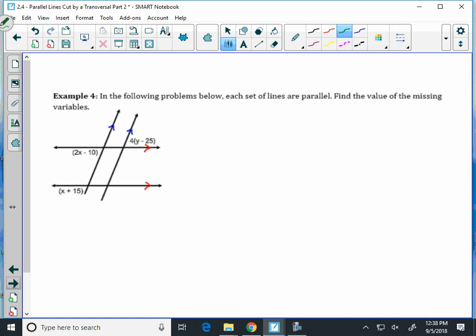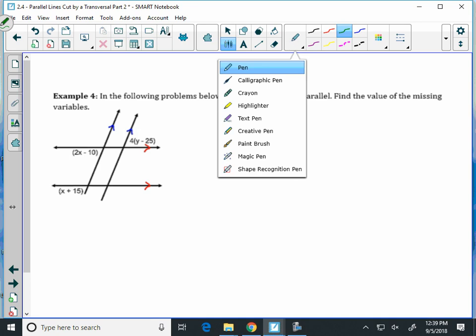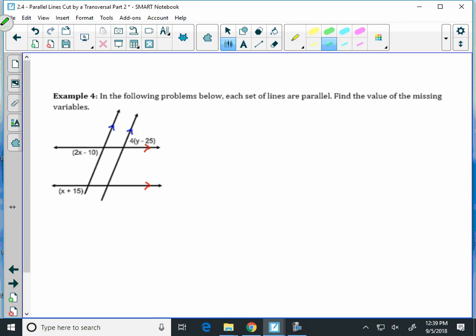To figure out how we're solving, you have to figure out which sets of parallel lines our x is dealing with. I notice that the top x, 2x minus 10, is sitting on this green parallel line I just highlighted, and x plus 15 is sitting on that line. They're both touching this blue transversal right here.